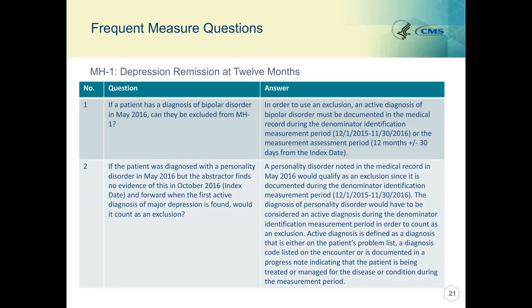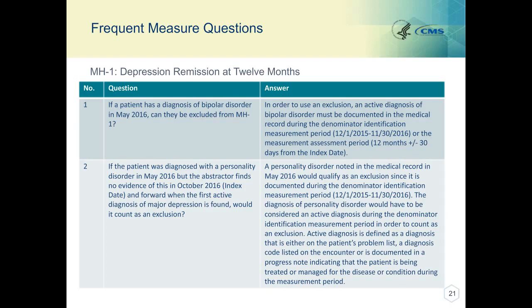In order to use the denominator exclusion, an active diagnosis of bipolar disorder must be documented in the medical record during the denominator identification measurement period, which for the 2017 submission period falls between the dates of 12/1/2015 and 11/30 of 2016, or the measurement assessment period, which would be determined 12 months plus or minus 30 days from the index date. So in the case of an active diagnosis of bipolar disorder in May of 2016, this would be a denominator exclusion as it falls within the denominator identification measurement period.